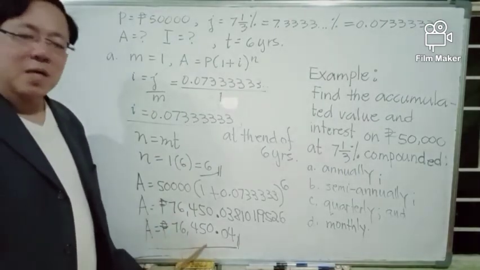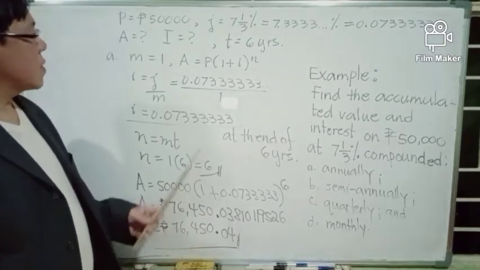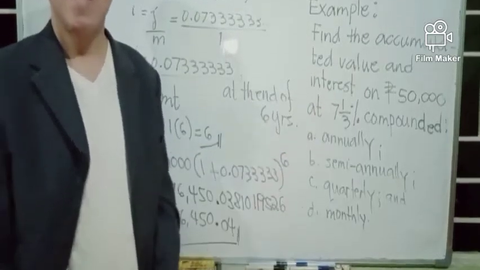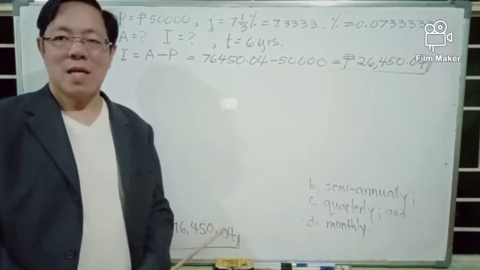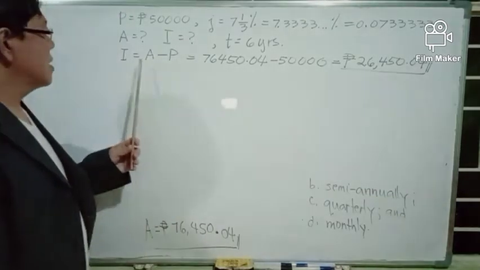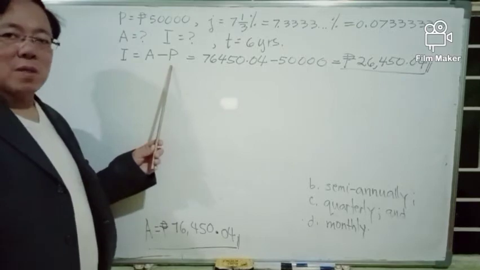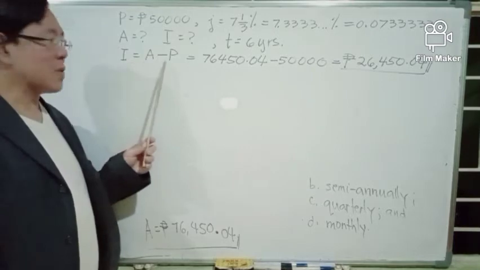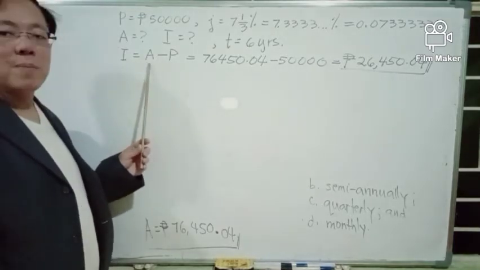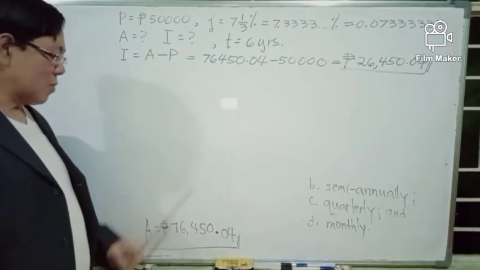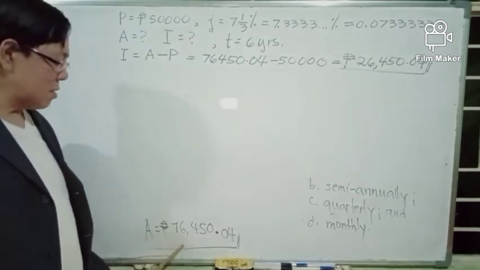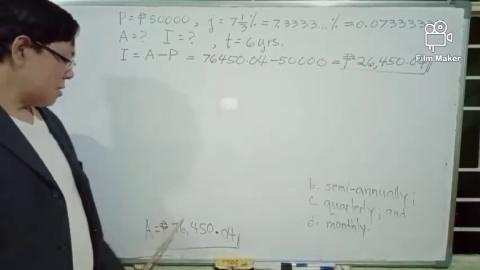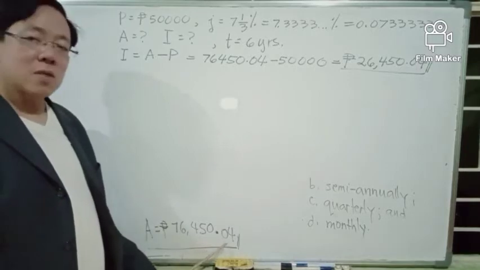After we have computed the accumulated value, we now compute the amount of interest. The amount of interest is computed by the formula A minus P, where capital I is the amount of interest. The amount of interest is obtained by subtracting the principal from its accumulated value A. In letter A, the accumulated value of 50,000 pesos at 7 1/3% compounded annually is 76,450.04.